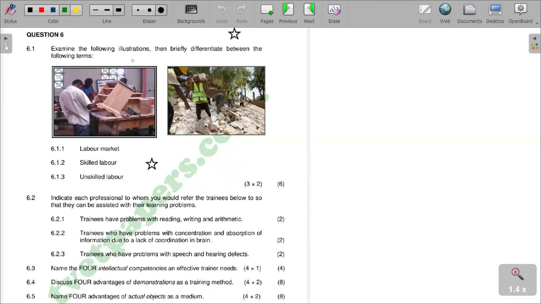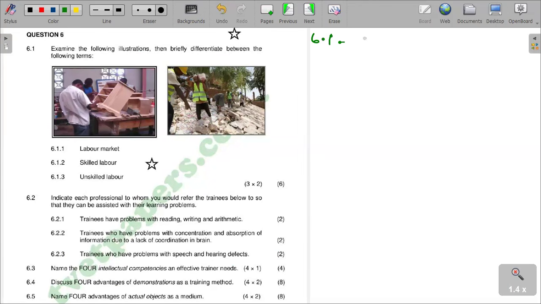Right, so what is a labor market? Labor market is the availability of people in the community who have the competence or skills to occupy specific positions.